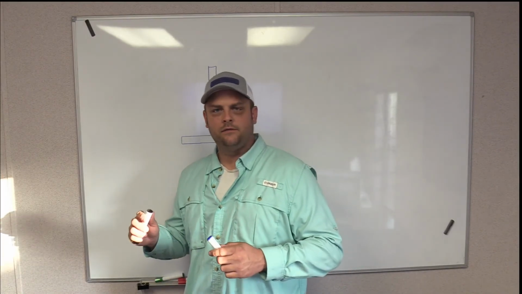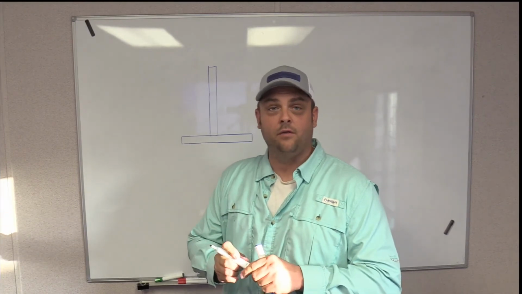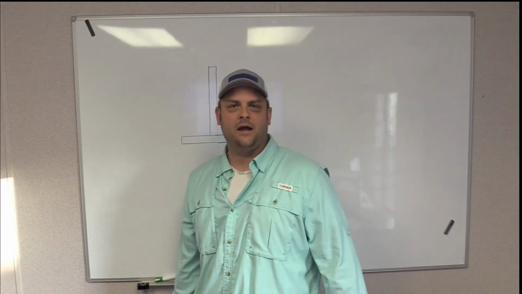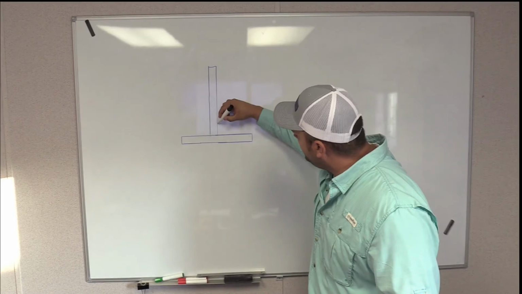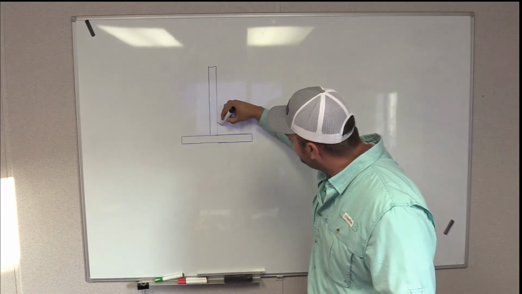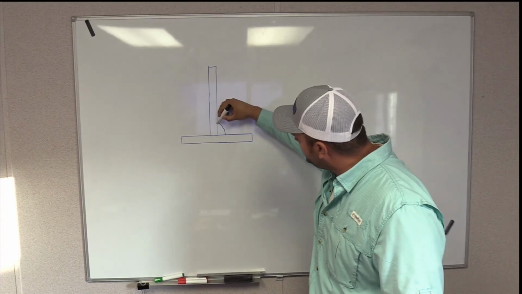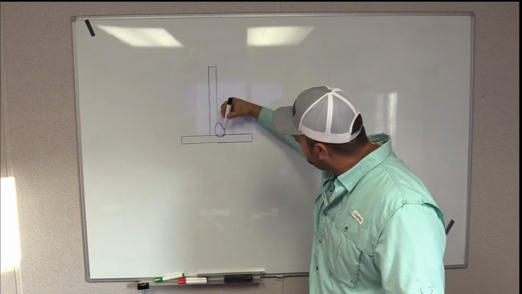So the first thing that I want to talk about is the 3 phases of a weld throat, or the 3 types of weld throats. The first one being the actual weld throat. So if I drew a fillet weld on here, it looks something like this, and it would have some penetration that would come through kind of like this.